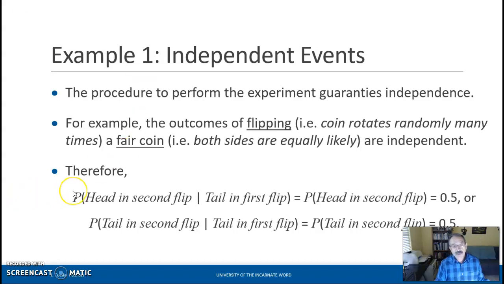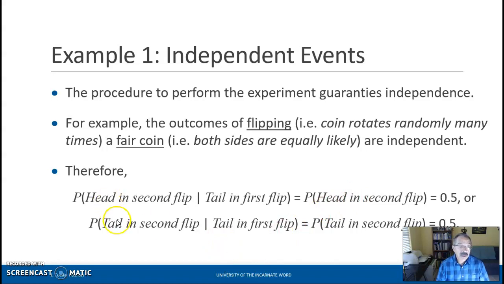So for example, the probability of a head in the second flip, given that I obtained a tail in the first flip, is just the probability of a head in the second flip, and it's 0.5. Whatever I obtained before does not affect the probability of obtaining a head in the second flip.